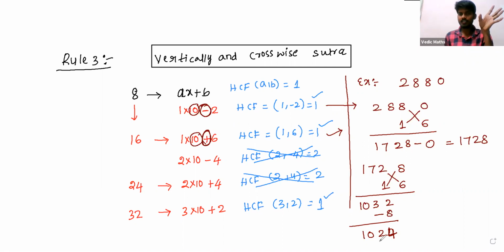The last three digits are 24, so it is divisible by 8. So the whole number also we can divide. My point is, when B is larger than A, it will take so many steps to verify the answer. But when B is smaller than A, then automatically within a few steps you will get the answer.